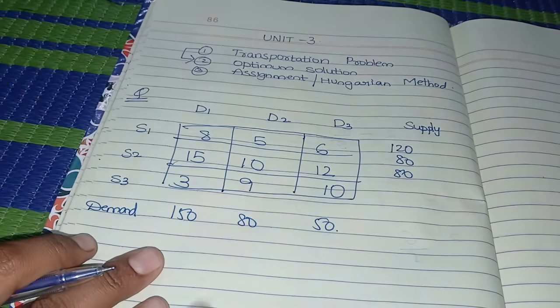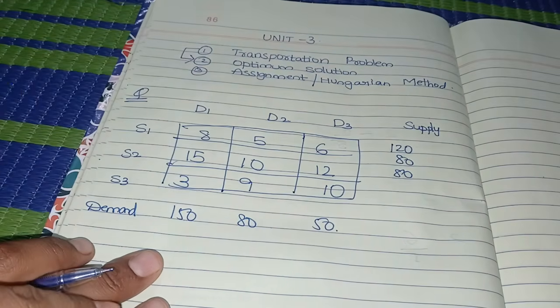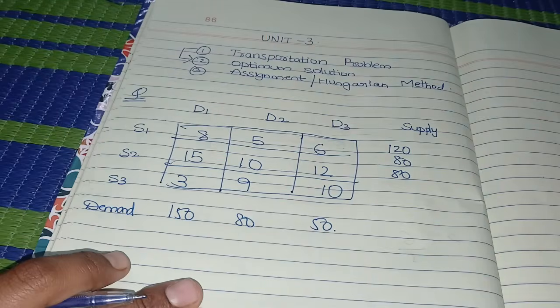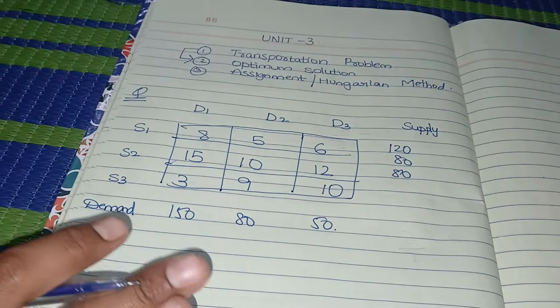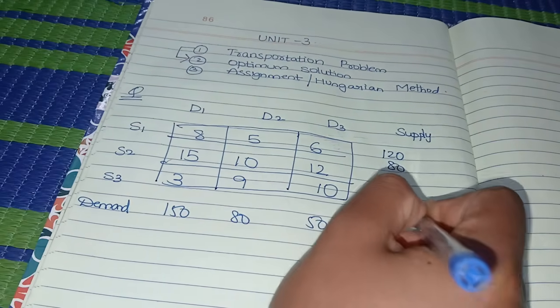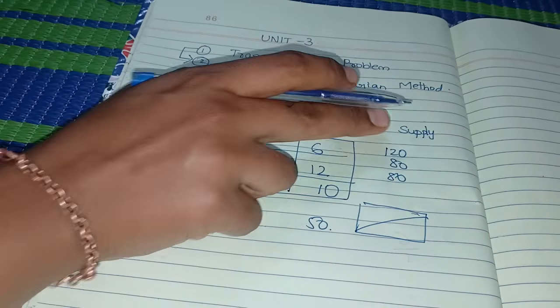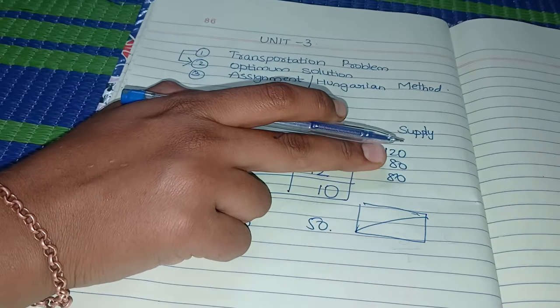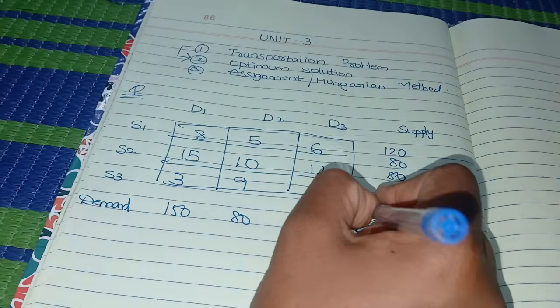So this is the question. After seeing the question, the first thing you need to do is check whether the question is balanced or not. How you need to check is by adding the supply values: 120 plus 80 is 200, 200 plus 80 is 280.